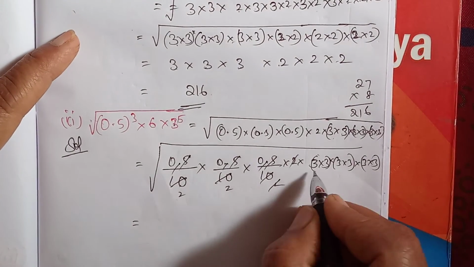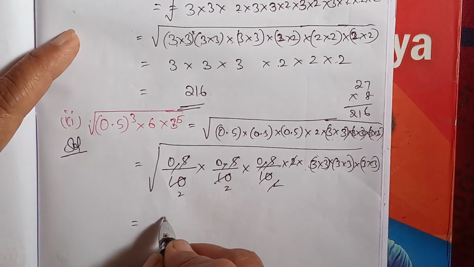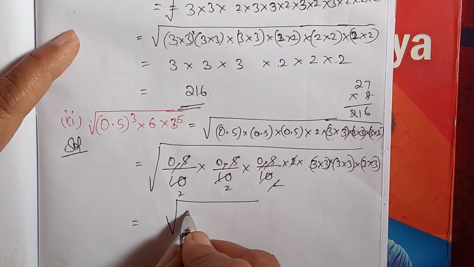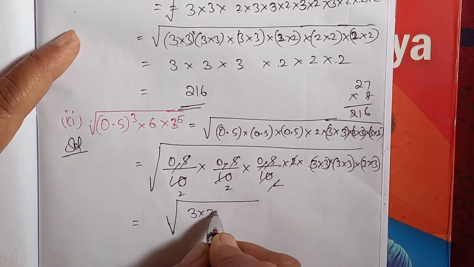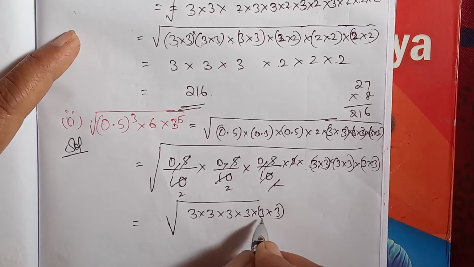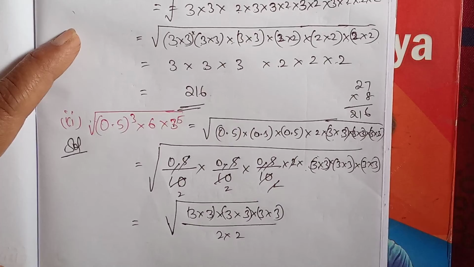Okay, next now square root of 1 2 3 pairs, 3 into 3 into 3 into 3 into 3 into 3 by 2 into 2.